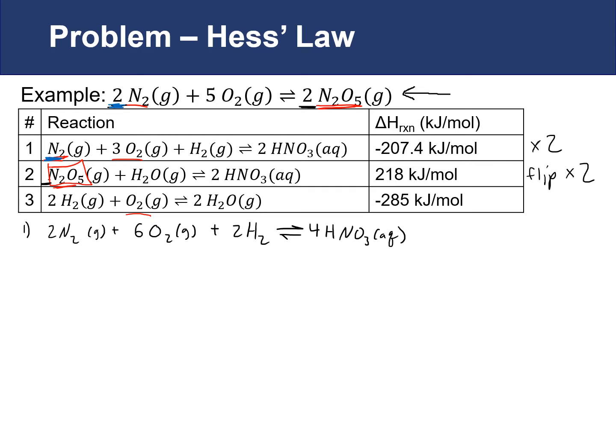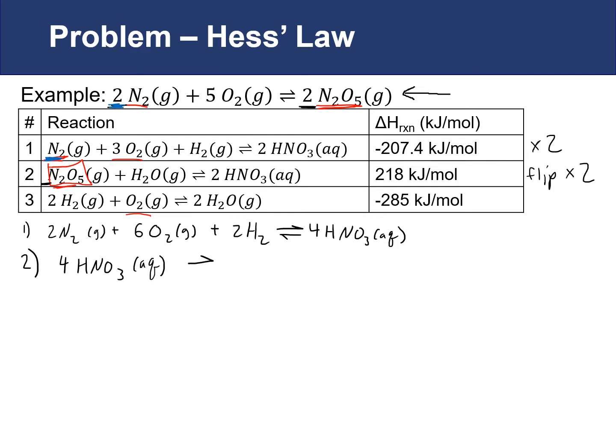Reaction 2, we're going to flip it, and so the HNO3, the nitric acid, goes on the left-hand side. We need twice as many, so it's 2 times 2 is 4 HNO3 aqueous. That's good because that will allow us to cancel out the nitric acid from reaction 1.